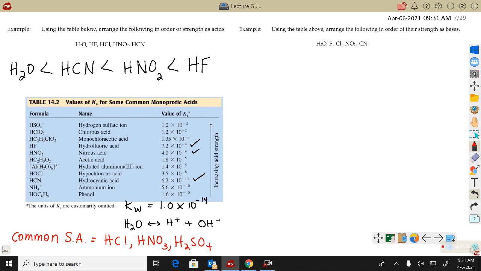Things that you've kind of worked with in the past are probably strong. All of the hydrogen halides are strong except for HF. And so if you had HCl, HBr, HI, those all ionize fully as well. They're just not that common. These might be the most common strong acids. So those I probably would remember just because they're not likely to give me a Ka.